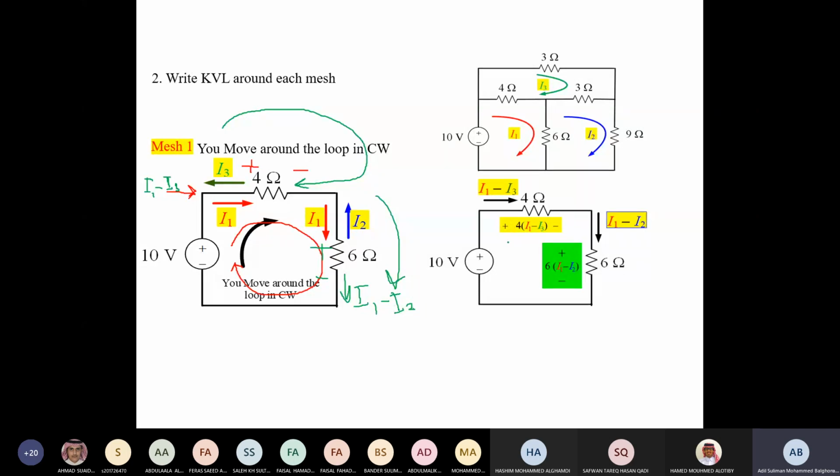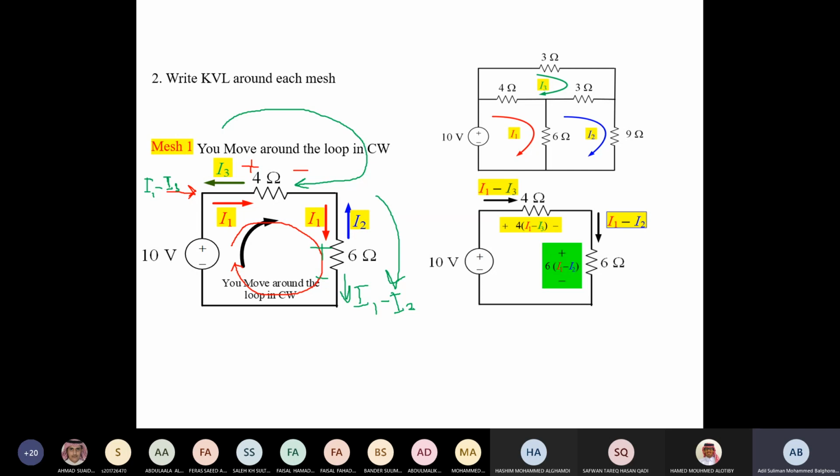But if you put it minus plus like this, you have to put a negative sign here in front of the 4. Okay, and we said we don't want to do that. You can, but you don't want to. We want to avoid it just in case you make a mistake when you add them. Okay.